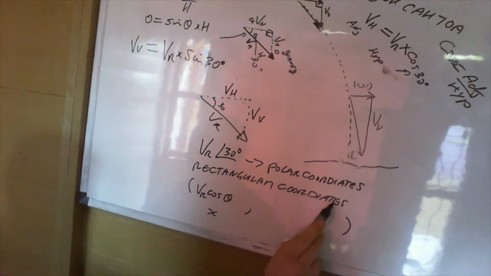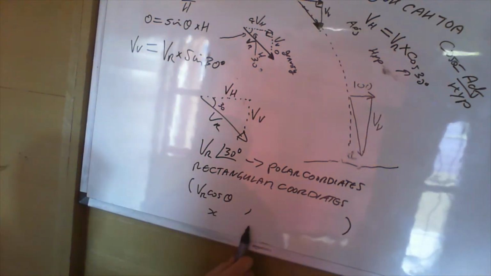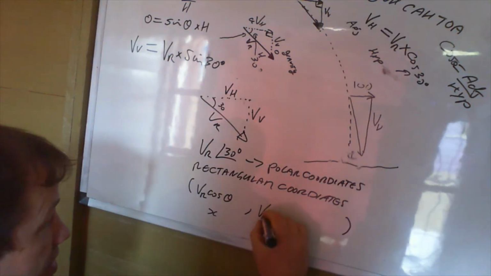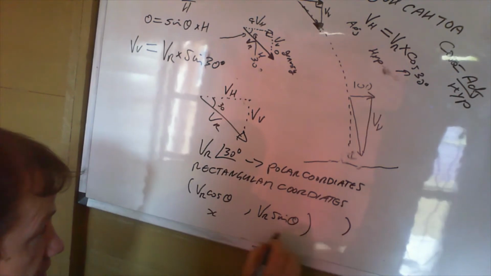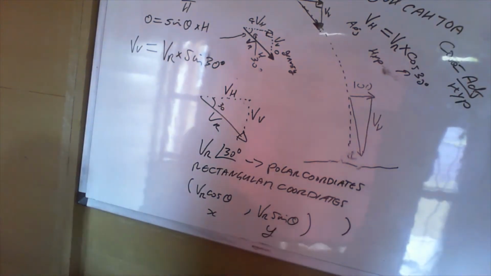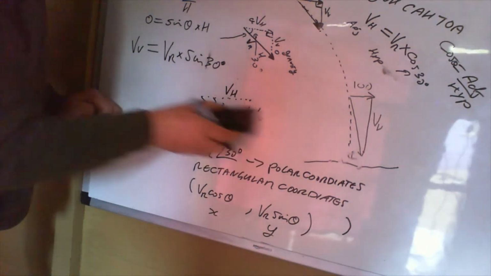And these rectangular coordinates tell you, if you're drawing this in a graph, how far along it goes on its x axis, and then how high up it goes using this one on the y axis. So I'll show you what I mean with that.